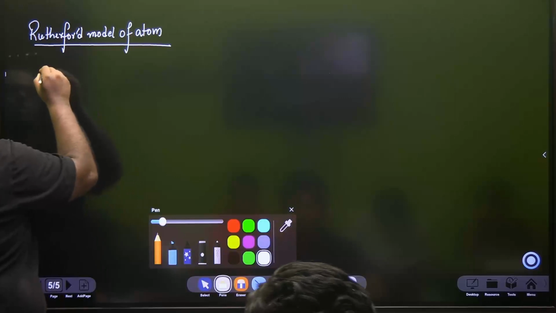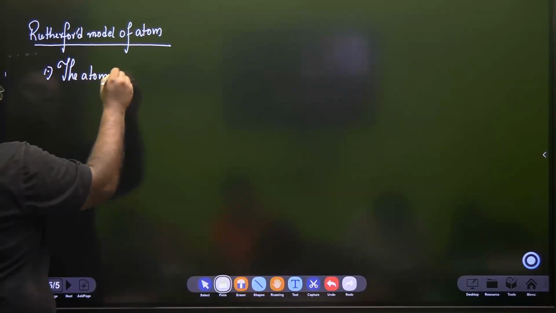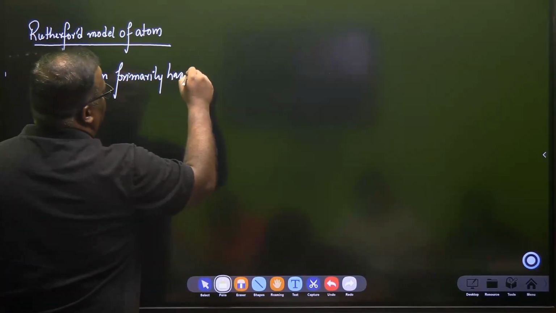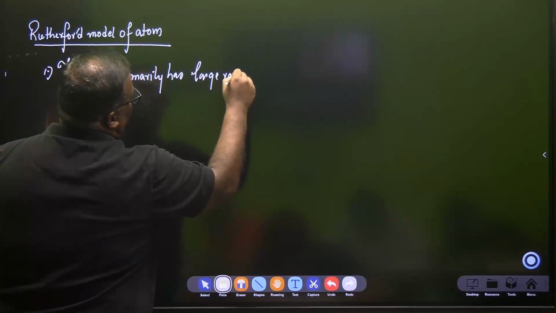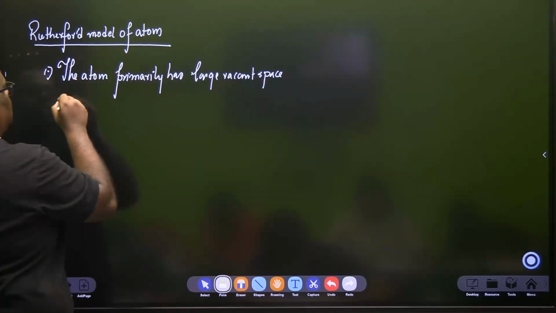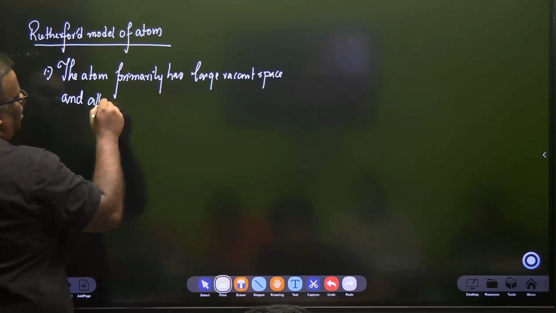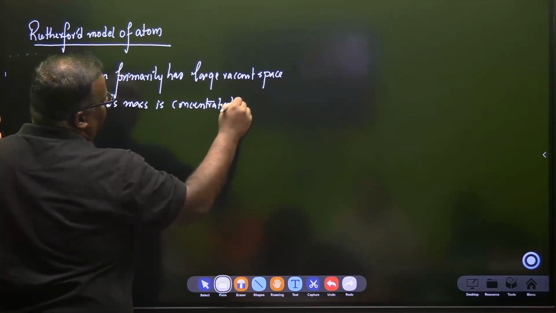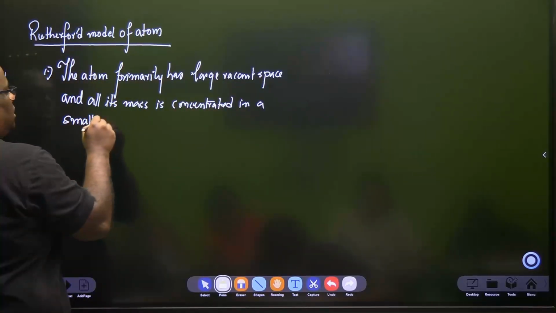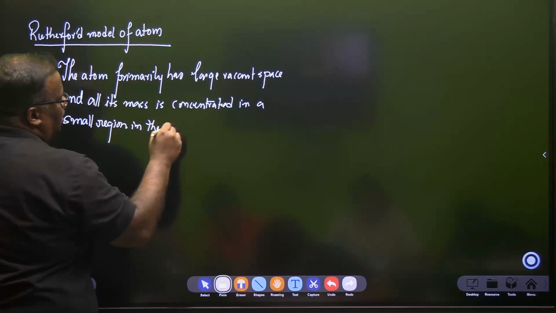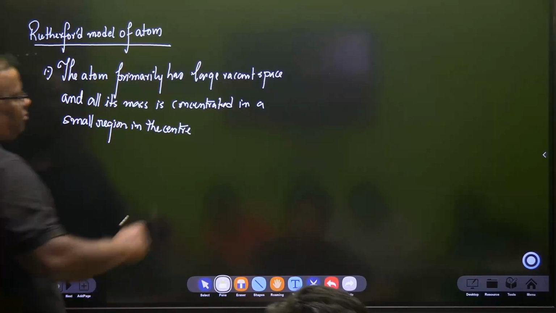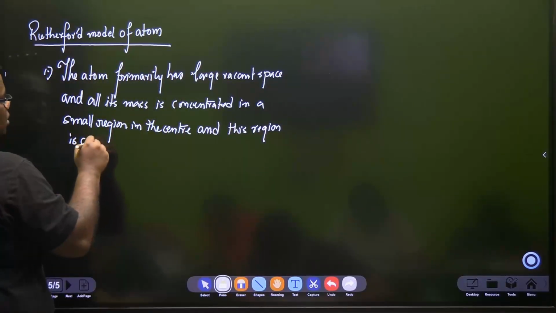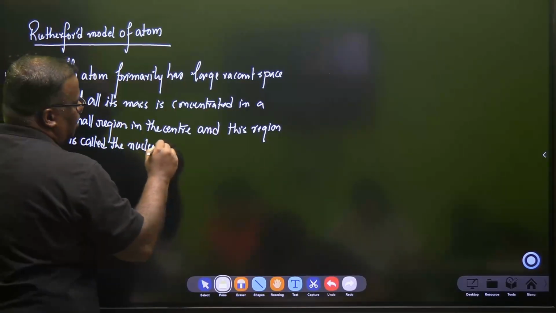Okay, Rutherford's model says the atom primarily has large vacant space, and my wordings may differ from your book, but they'll mean the same, and all its mass is concentrated in a small region in the center, and this region is called the nucleus of the atom.